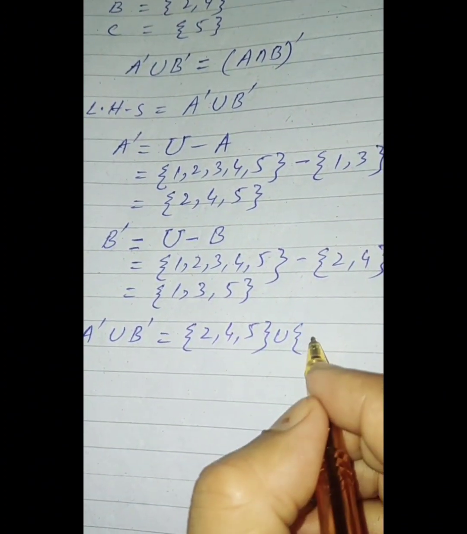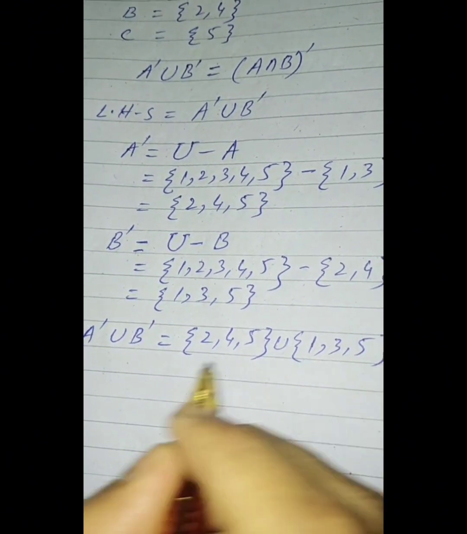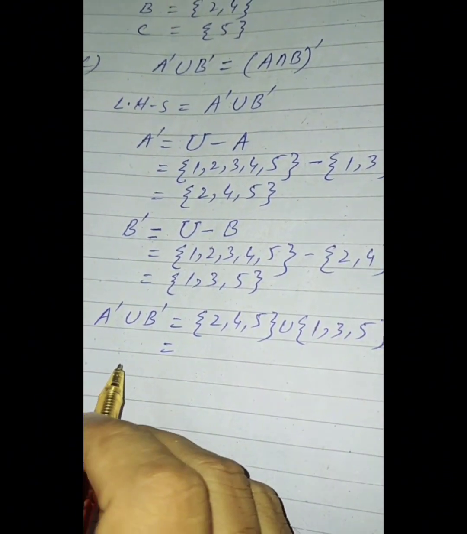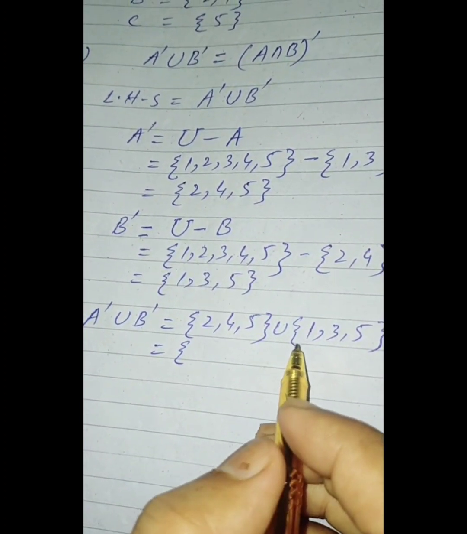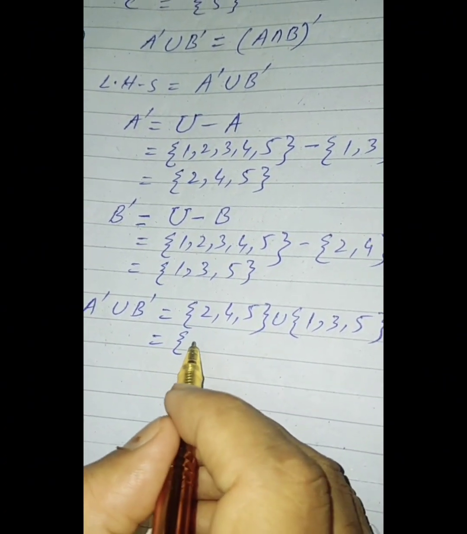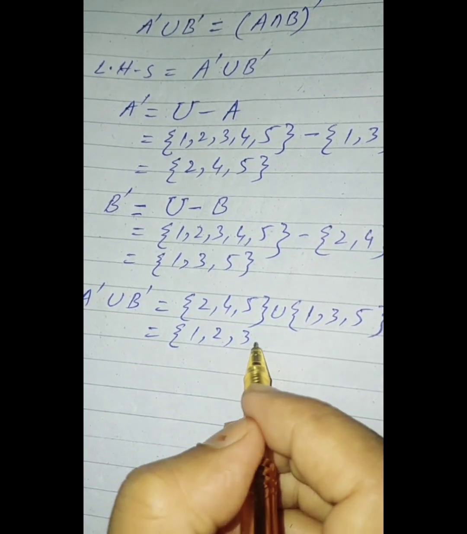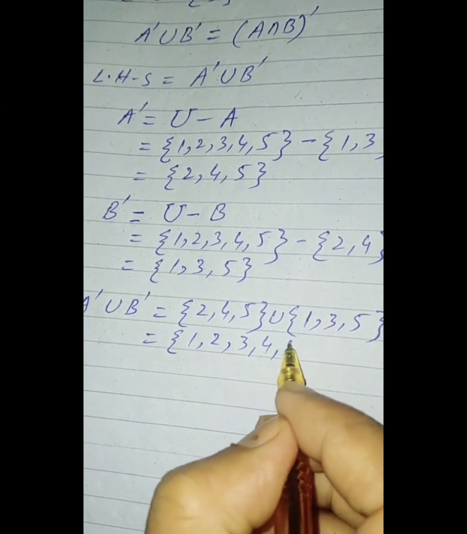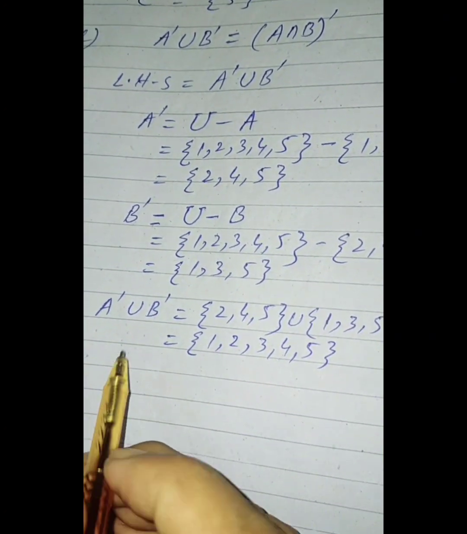And B complement is a set whose members are 1, 3, 5. Now union means that we combine the members of both the sets in a single set. So we have 1, 2, 3, 4 and 5. So this is the simplified form of left hand side.